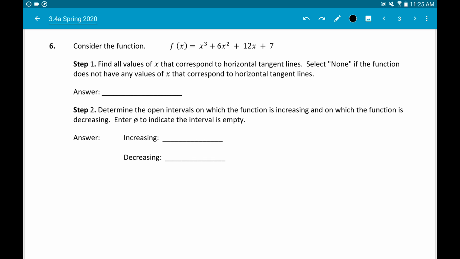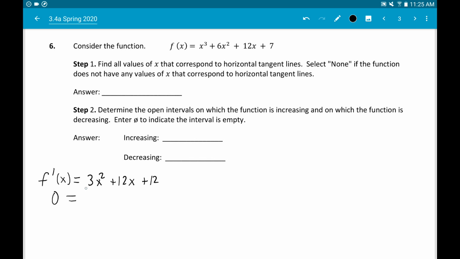We're going to do the same thing we did in the previous question. So step 1, horizontal tangents. We need our derivative. So f prime of x is going to be 3x squared plus 12x plus 12. Set that equal to 0 and solve for x.